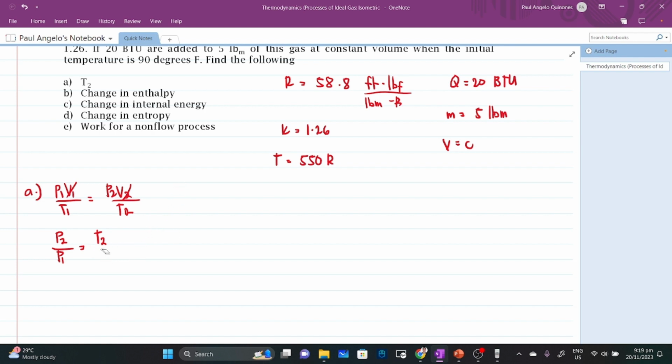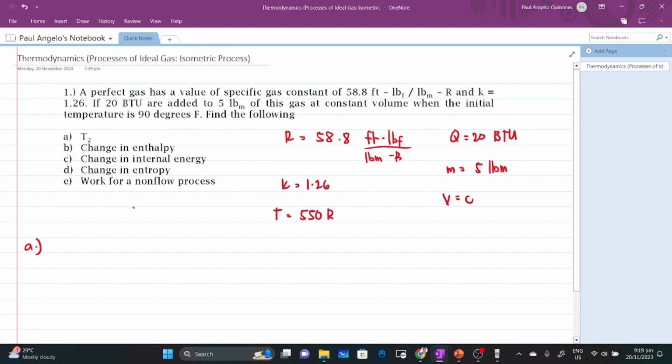So what do you think is the equation that we can use in deriving T sub 2? Very good. We can use the equation of heat.